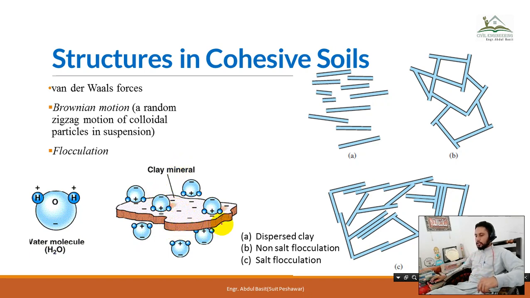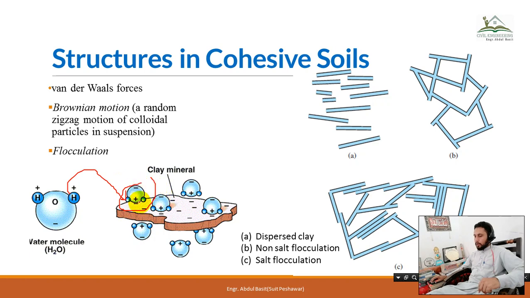This sheet, or you can say this whole crust, is actually having negative charge on its surface, okay. So when the water molecules are coming close to this clay particle or clay mineral, it will arrange itself like the positive hydrogen will be directed toward this negative one. Okay, this will be directed to this negative charge. So you can see these particles over here.